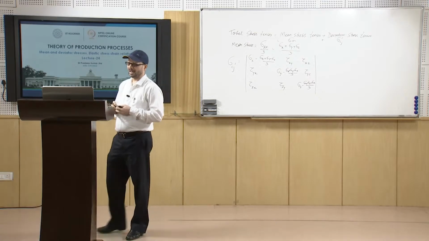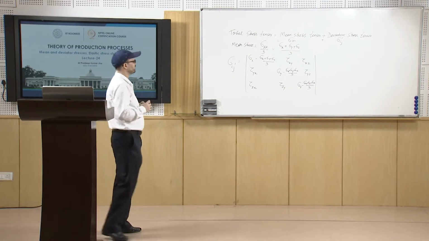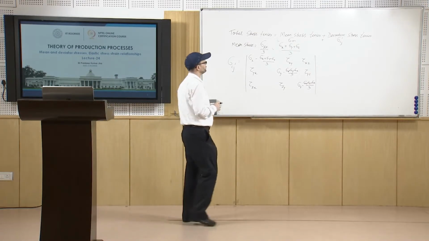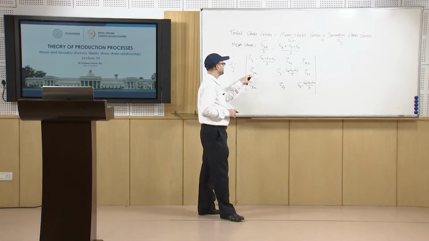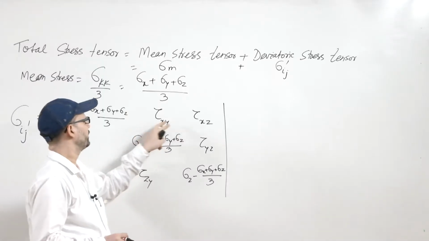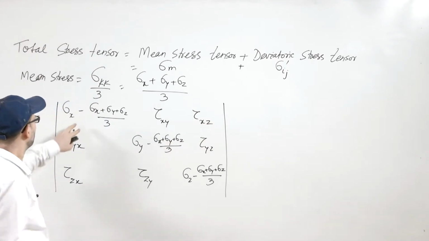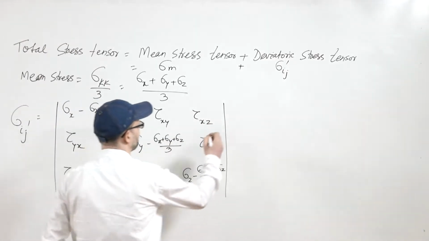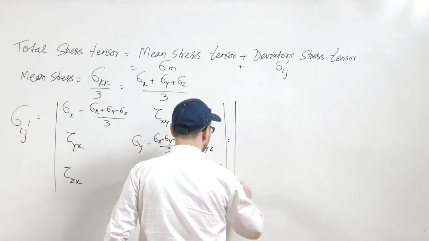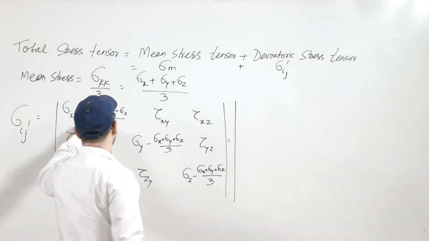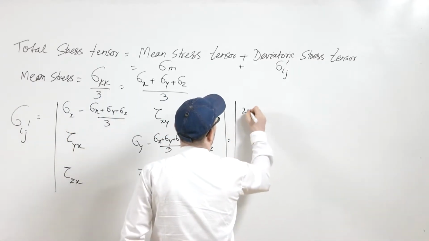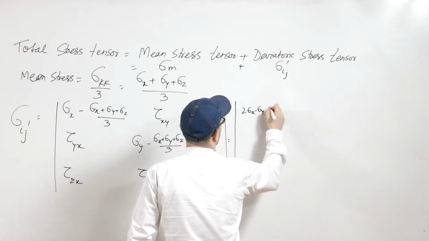If you look at the deviator stresses, the off-diagonal components are all shear components. The diagonal part is nothing but 2 sigma x minus sigma y minus sigma z by 3.